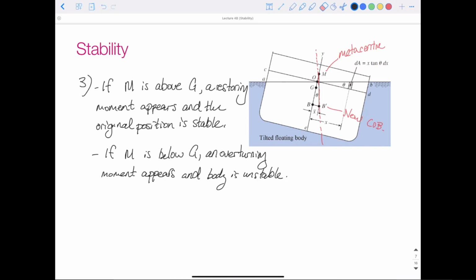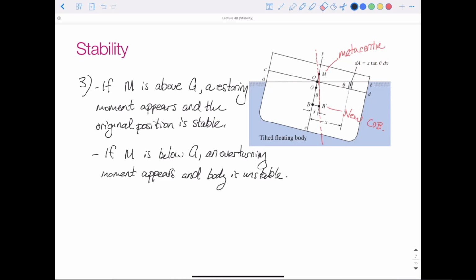And if the vertical line upwards from that new center of buoyancy is above our center of mass, then the moment generated from the buoyant force and the mass acting through the center of mass creates a righting moment, and our body is stable. Otherwise, our body is not stable, and it will continue to tilt until it reaches a stable position.